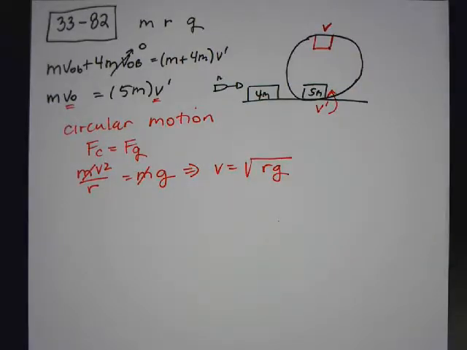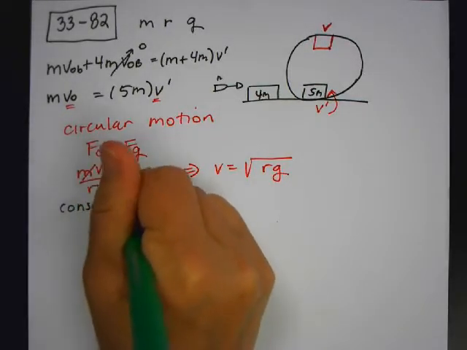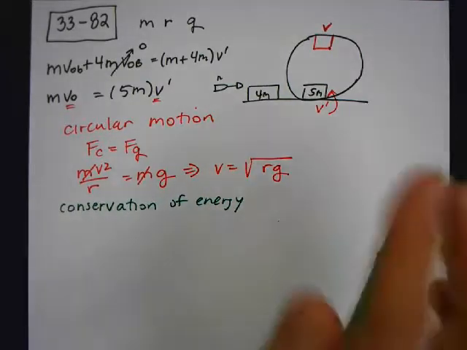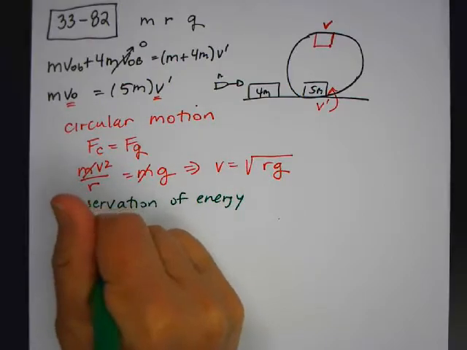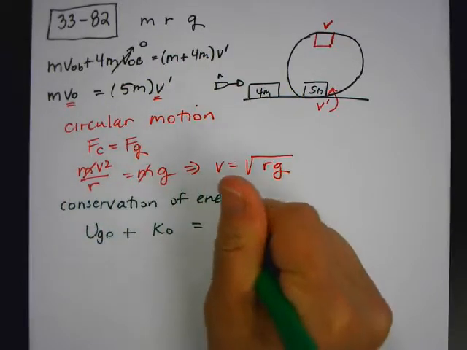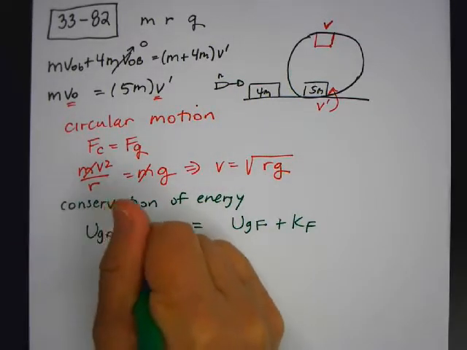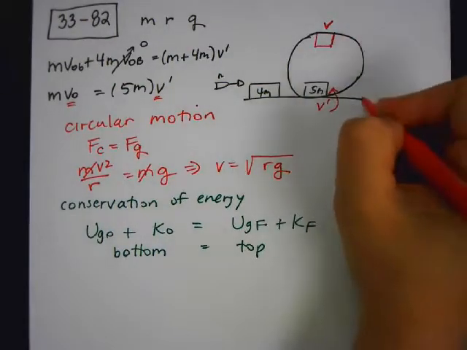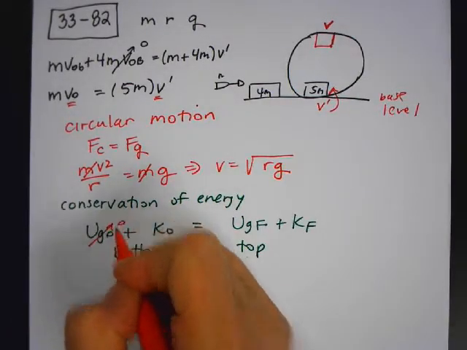So to find the v at the bottom, we're going to use conservation of energy. The total energy here is equal to the total energy here. So U_G naught plus K naught is equal to U_G f plus K f. This is going to be the bottom, and this is going to be the top. At the bottom, remember, this is our frame of reference, our base level, so the potential energy goes to 0.